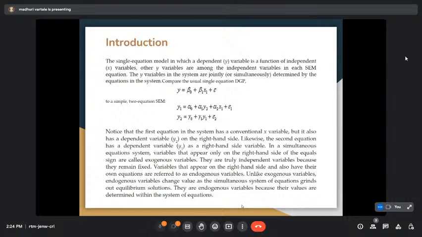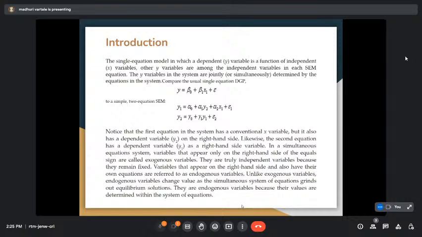In the simultaneous equations system, variables that appear only on the right hand side of the equal sign are called exogenous variables. They are truly independent variables because they remain fixed. Variables that appear on the right hand side and also have their own equations are referred to as endogenous variables.